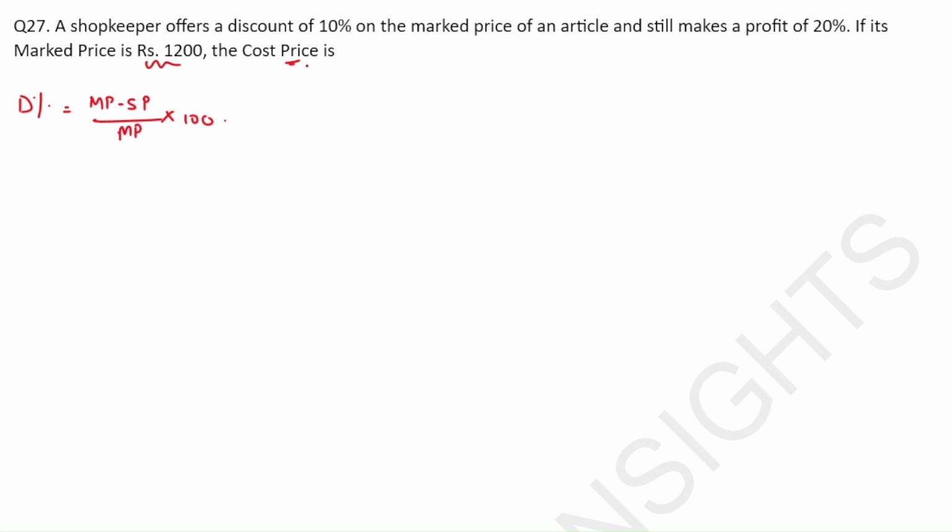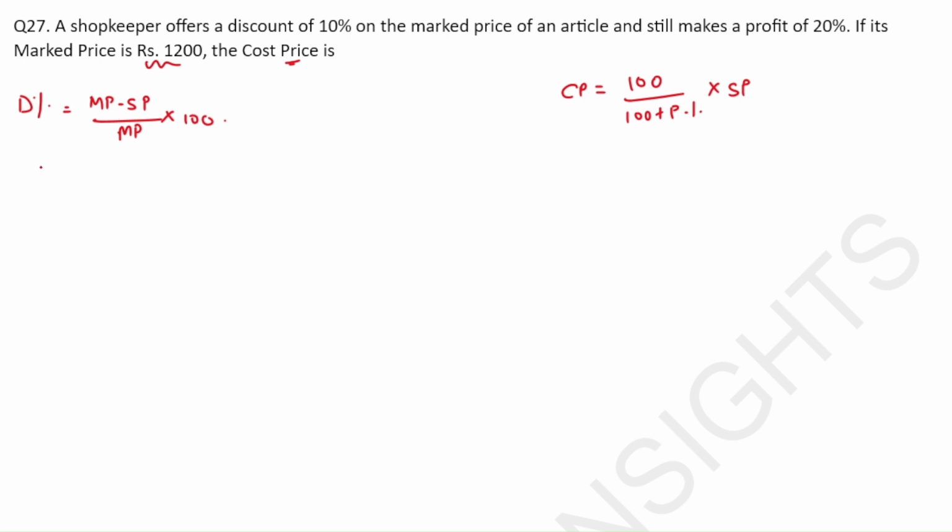Because to find the cost price when profit percentage is given, the formula is 100 divided by 100 plus profit percent into SP. That means we have to find the SP first, right? So to find the SP, we will use this formula.